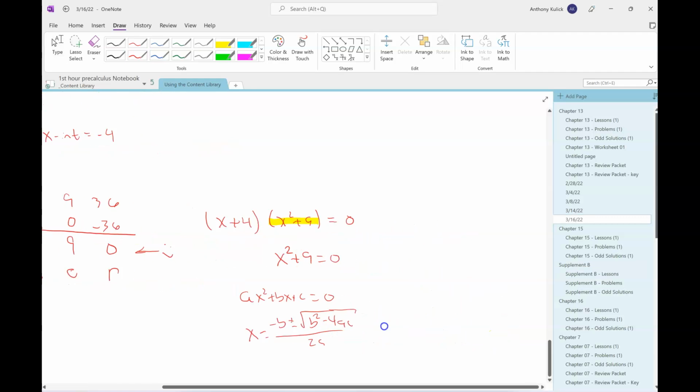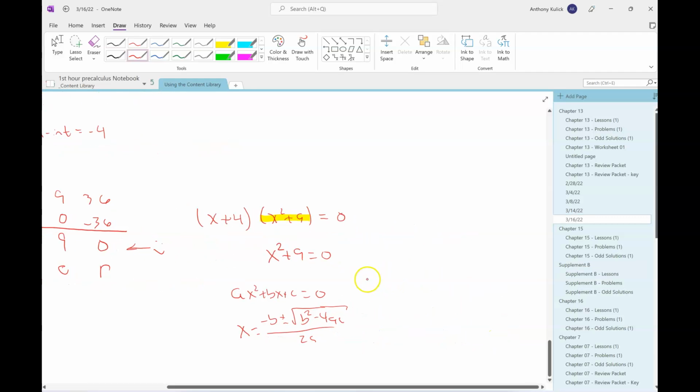In this case, what is our value for a, b, and c? 1, 0, and 9, right? So 0 plus or minus the square root of 0 squared minus 4 times 1 times 9 all over 2 times 1.